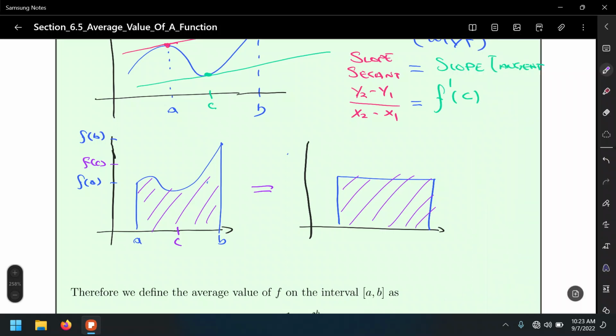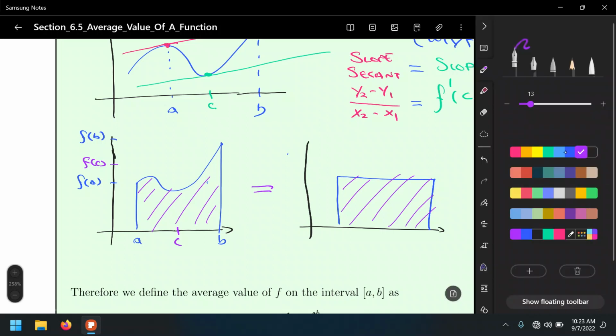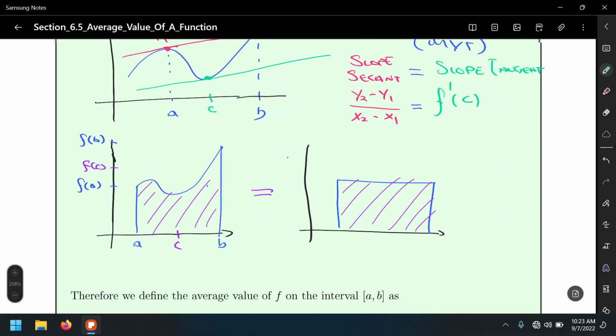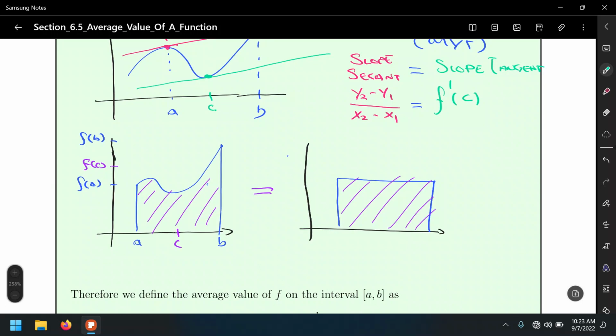Well, to have a better visual of this picture right here, suppose this weird looking region is peanut butter. All right, suppose this is peanut butter, and what am I going to do?